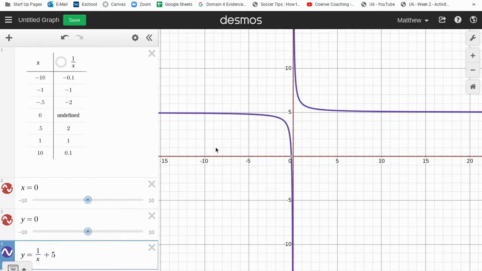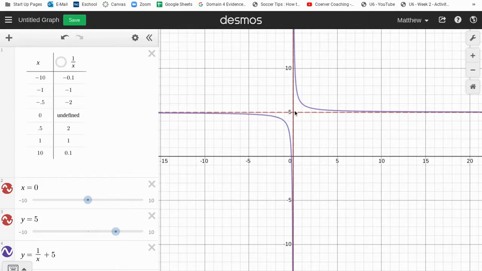Before I get a table of values though, notice the vertical asymptote is still x equals 0, but the horizontal asymptote is no longer at y equals 0. I take this y value and slide it to where I need it. So where does it get horizontal? It gets horizontal right there at y equals 5.